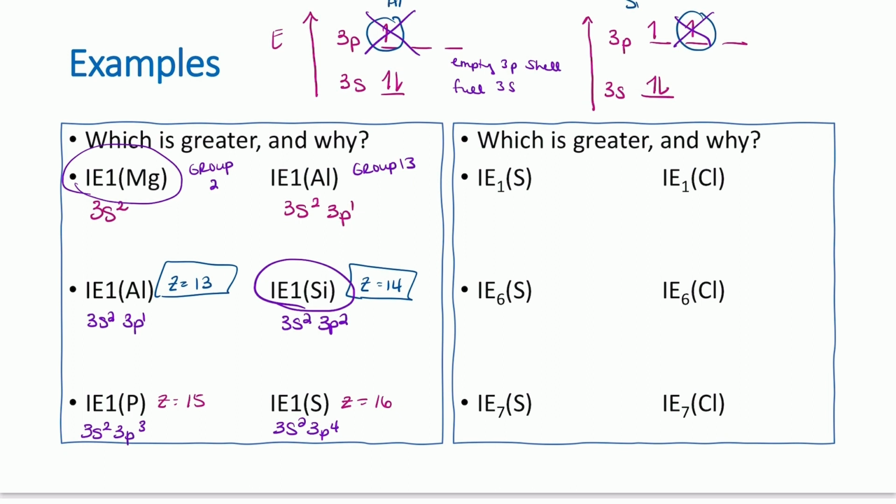It's always good to factor in your Z values. Often, not always, often a higher Z will lead to a higher ionization energy. This is an exception to that rule. This is also an exception to that rule.